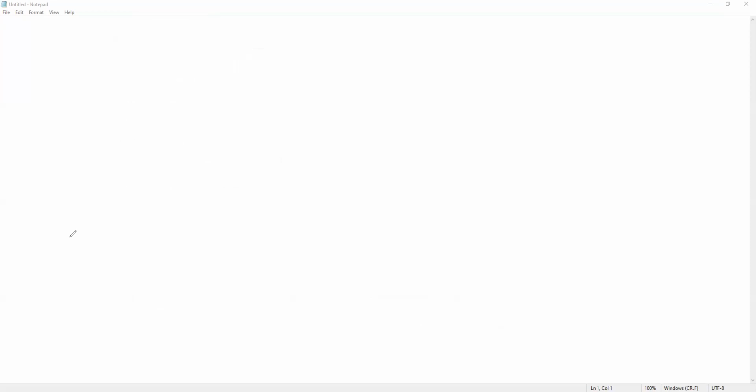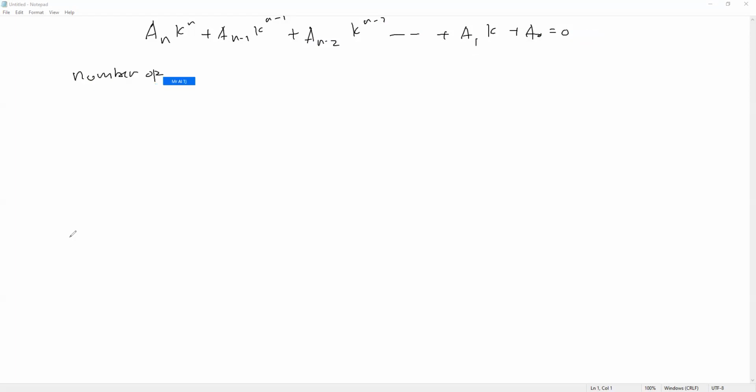So if you have a polynomial a_n k^n plus a_{n-1} k^{n-1} plus a_{n-2} k^{n-2}, etc., until plus a_1 k^1 plus a_0 equals 0, this is guaranteed to have a number of roots that is going to be n.